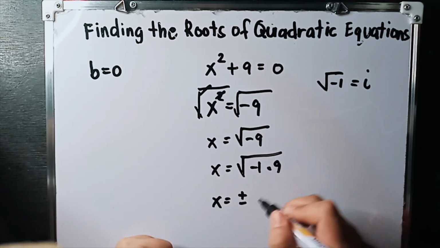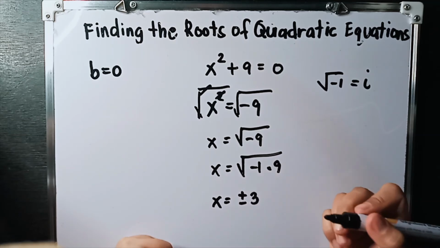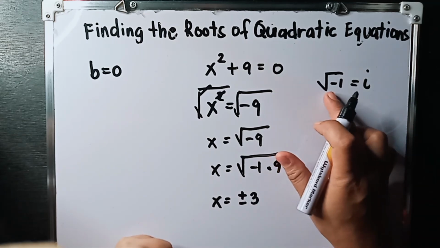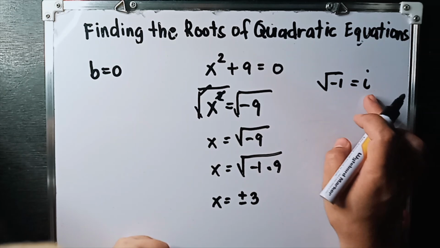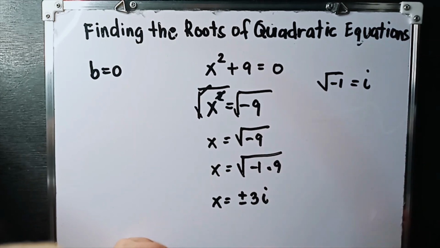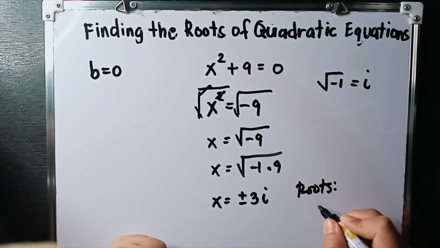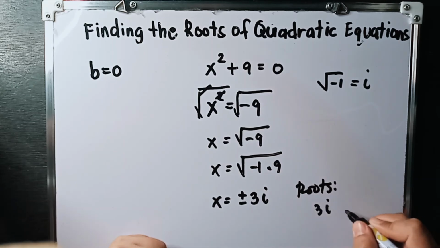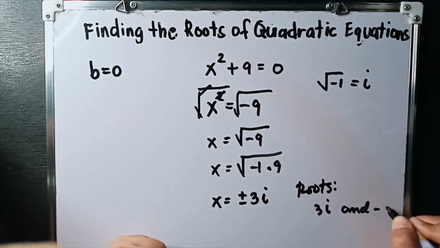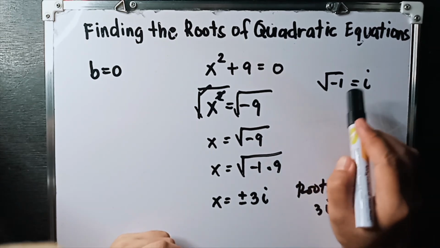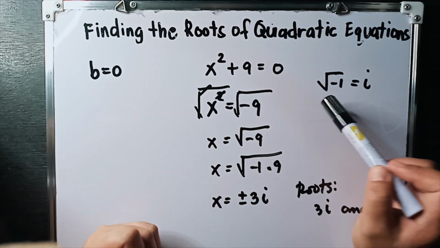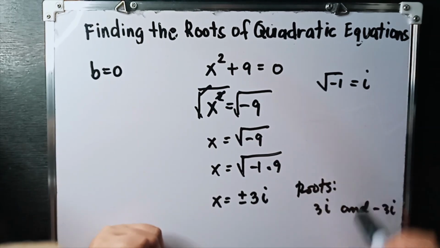Square root of 9 is positive, negative 3. And we know that the square root of negative 1 is I or imaginary. O, yan na yung factors natin. So, ang mga roots niya ay 3 imaginary and negative 3 imaginary. Or remember that I is represented by square root of negative 1.